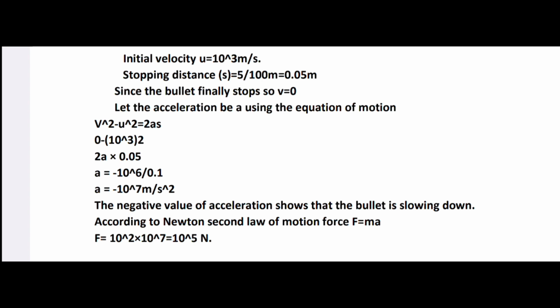Here a is equal to minus 10 raised to power 6 upon 0.1. Again, this is the negative value of acceleration, which shows that the bullet is slowing down. According to Newton's second law of motion, F is equal to ma. Here mass is equal to 10 raised to power minus 2 into 10 raised to power 7. It comes out 10 raised to power 5 Newton. Okay.